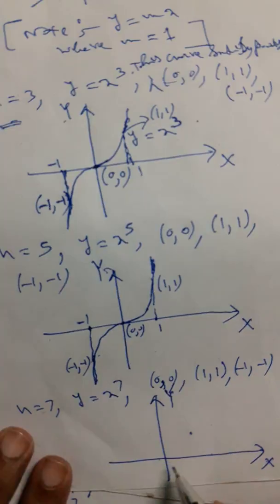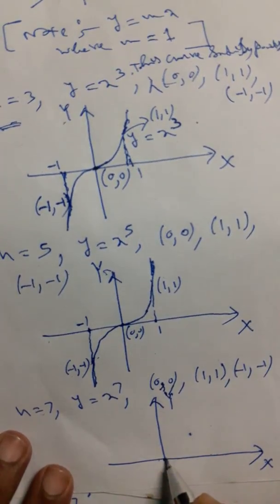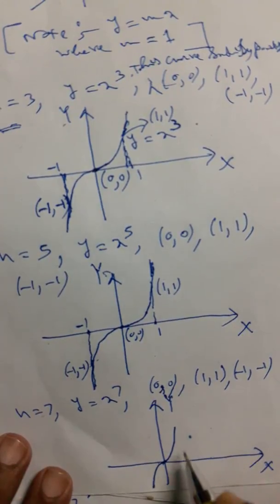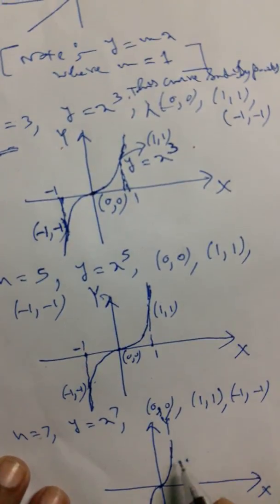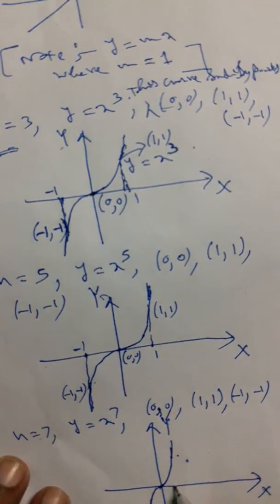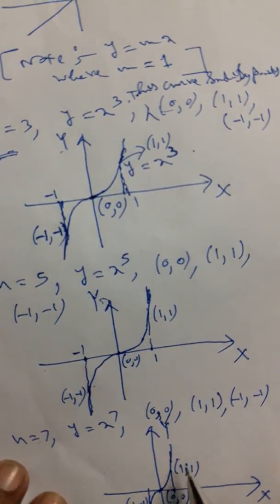This curve is flatter near the origin and steeper than the earlier one. Here also the points are (1, 1), (minus 1, minus 1) and (0, 0).